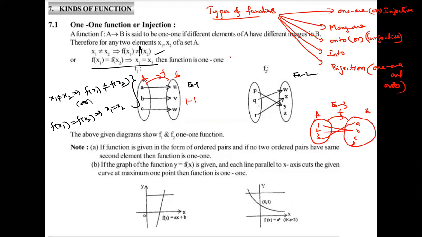What about example 2? Example 2 is also 1-1. But what about example 3? It is not a 1-1 function. Why?